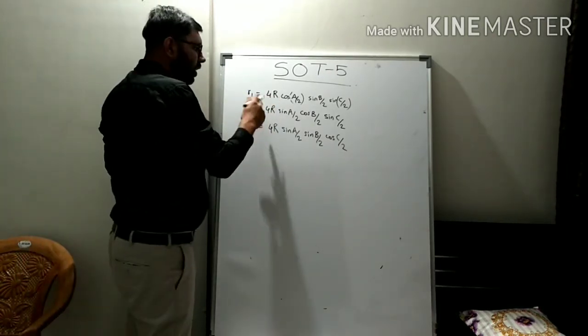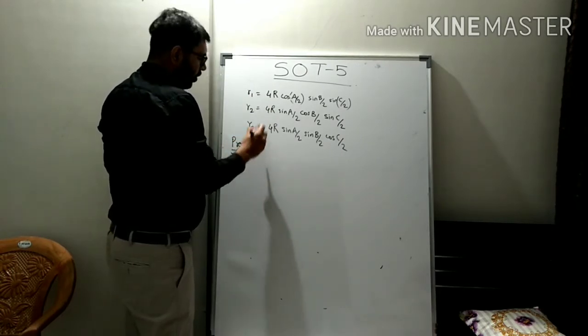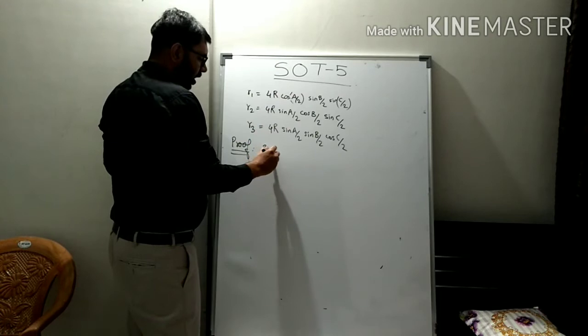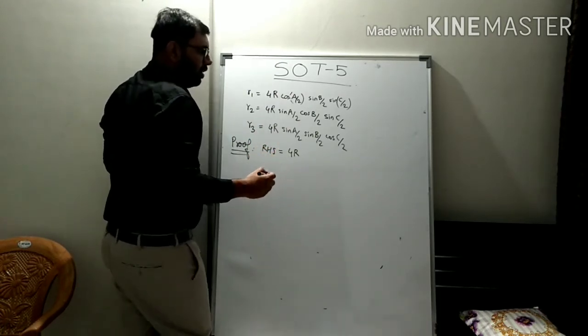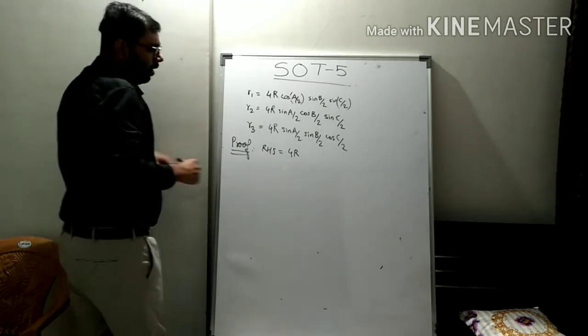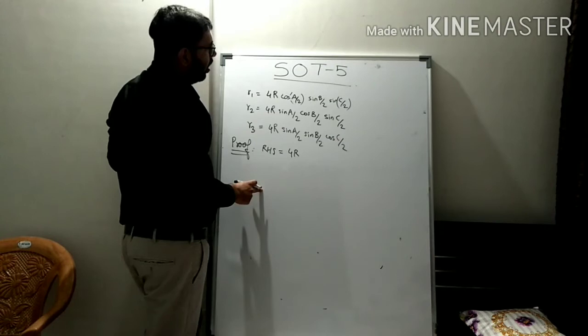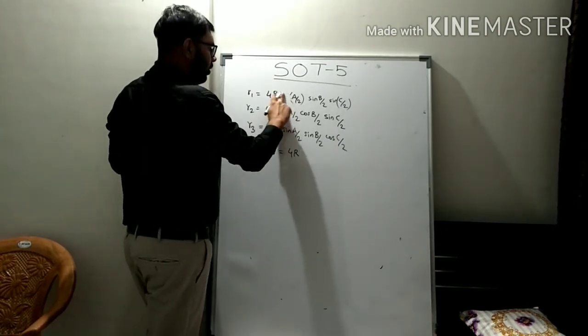So in this case also we have 3 results, but I will only prove one, because the other two you can similarly prove. So I am proving the first result. If I take the RHS, 4R into cos A by 2, sin B by 2, sin C by 2. Okay, sorry, actually I have done one mistake.